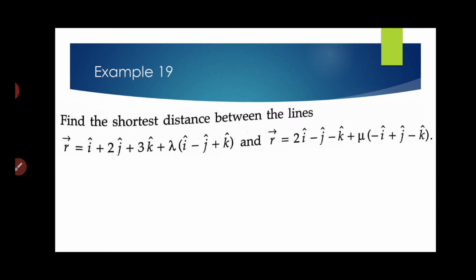Number 19, find the shortest distance between the two lines. Now obviously here there is a small trick that we need to understand. They are giving this question which may confuse you a little bit. Why?